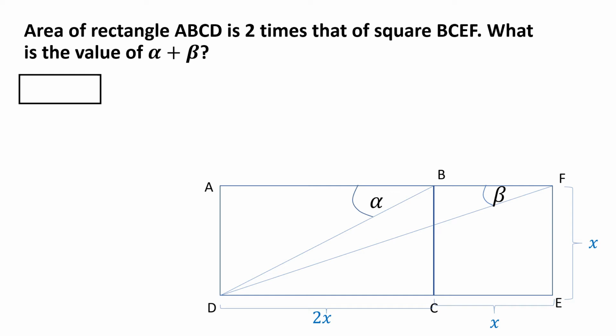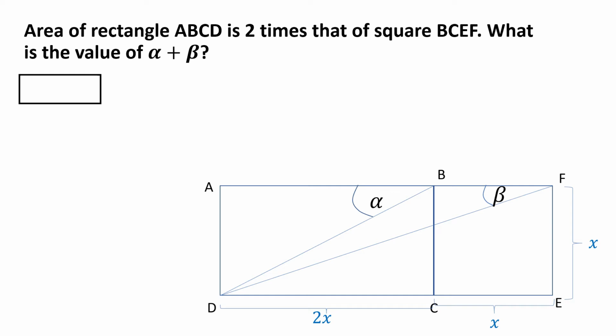So for the area of the rectangle to be 2 times that of the square, the longer side of the rectangle would have to be twice the length of the side of the square, because the rectangle is sharing a common side with the square.